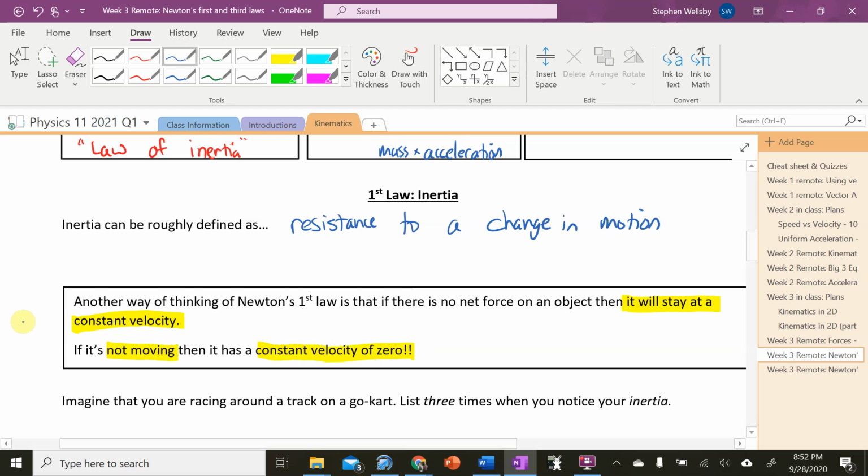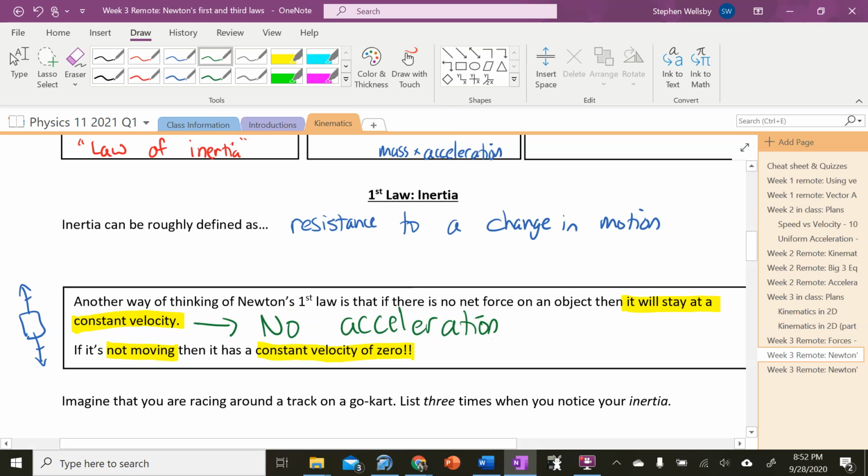For example, if I've got an object that has one force pulling up on it and one force pulling down on it, and those two forces are equal and opposite, there is no net force. If there is no net force, then there's going to be a constant velocity, and constant velocity, another way we can write this, means no acceleration.